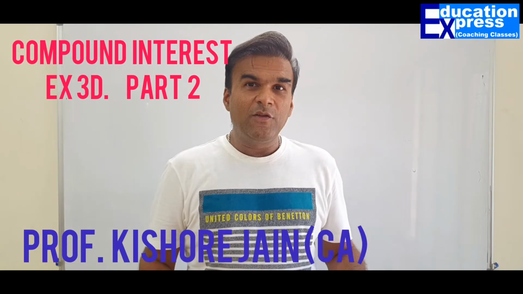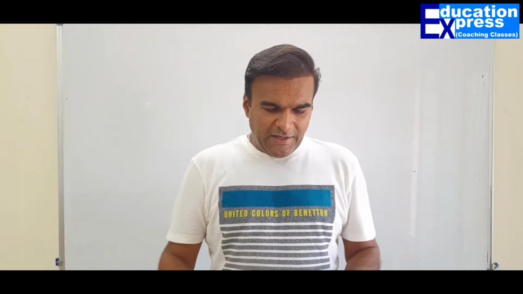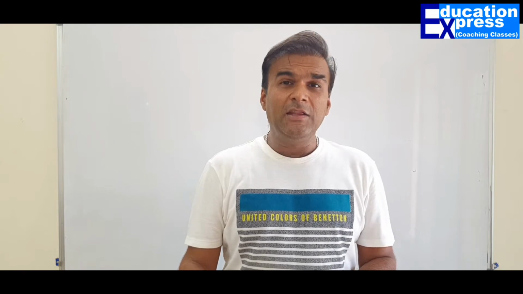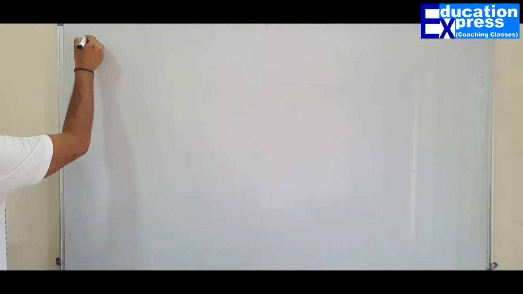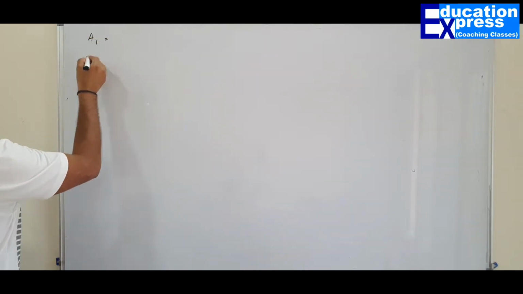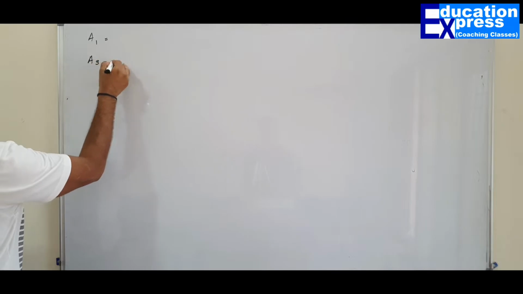So let us begin with question number 5. It says a sum of money invested at compound interest amounts to rupees 16,500 at the end of 1 year and rupees 19,965 at the end of 3 years.